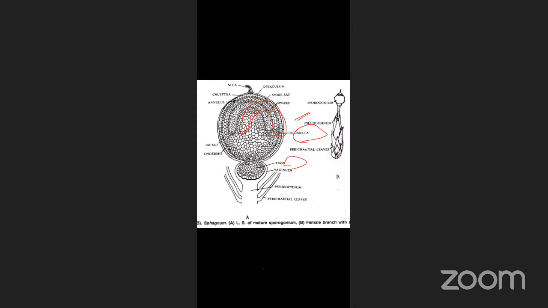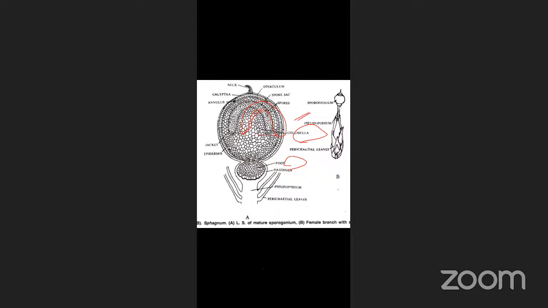It is fixed on the gametophyte, dependent on the gametophyte only for water and minerals, but not food material. But in the early bryophytes, such as Marchantia and Pellia, the sporophyte is completely dependent on the gametophyte, including for food material. In higher bryophytes it is incompletely dependent on the gametophyte.